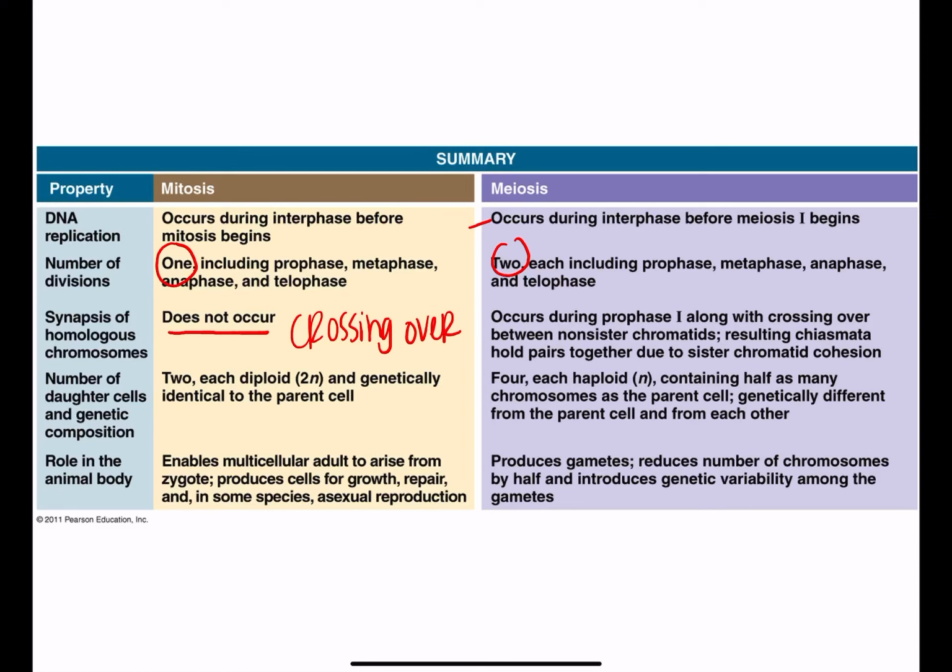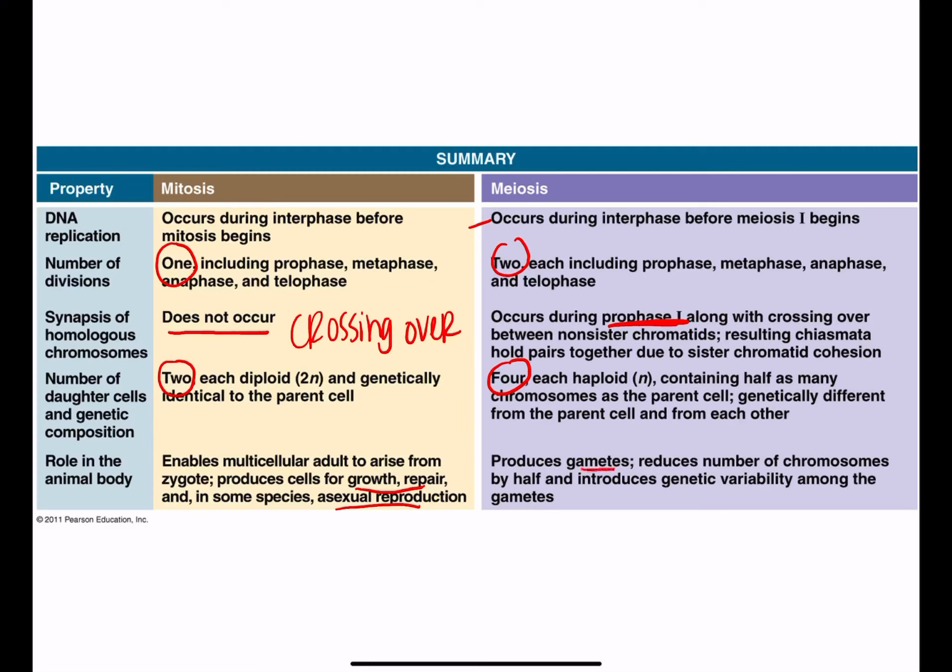We have that in meiosis, and as I said, that was in prophase 1. Number of daughter cells: 2 daughter cells are formed in mitosis versus 4 daughter cells in meiosis, because of that second division. And mitosis is for growth and repair, sometimes for asexual reproduction, as we discussed yesterday, versus meiosis is to produce gametes.